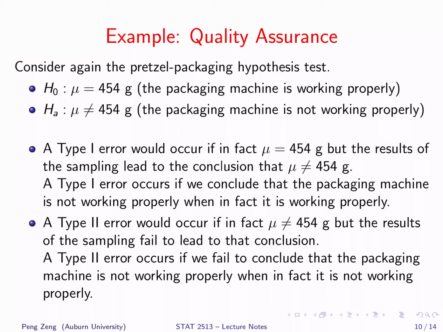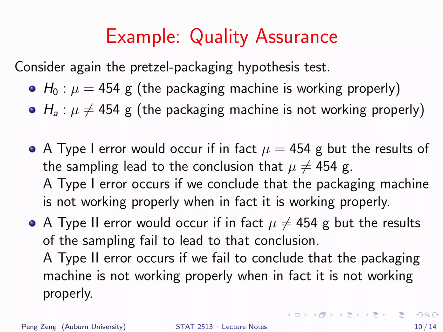In the pretzel packaging example, the null hypothesis is that the mean weight of bags is 454 grams, and the alternative hypothesis is the mean weight of bags is not 454 grams. A type 1 error occurs if the packaging machine is working properly, but we conclude that it is not.